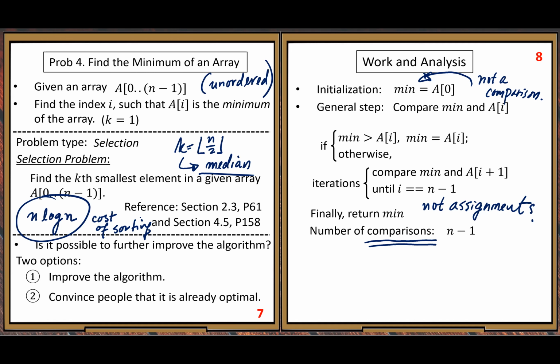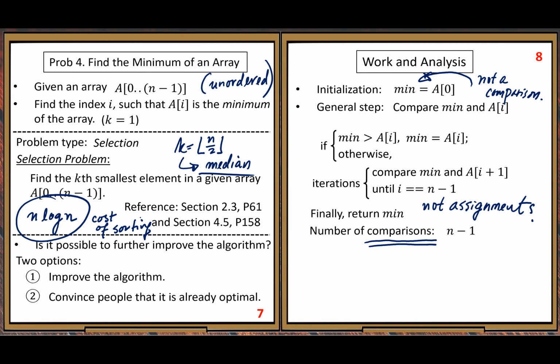So the second option: if you can convince people that this algorithm is already optimal, then you do not need to look at it anymore because it's already optimal. Your solution is already the best in the world. There is no reason for improvement.